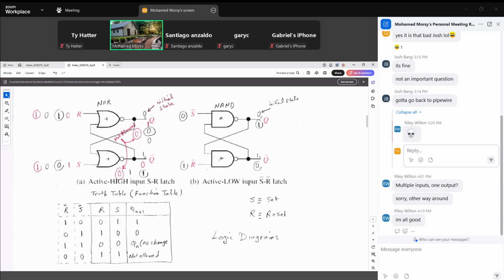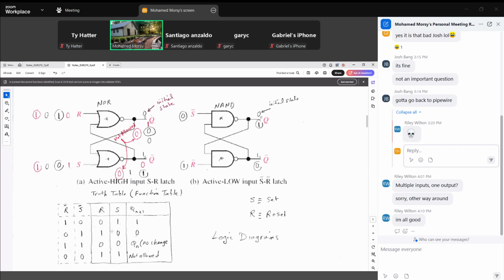S is 0 and the initial state is 0, so 0 plus 0 is 0, inverted to 1. So we have 1 here inside a circle, just to differentiate from other bits. This is applied to the other NOR gate with another 1 here. So 1 and 1 is 1, inverted to 0. So the output is 0.